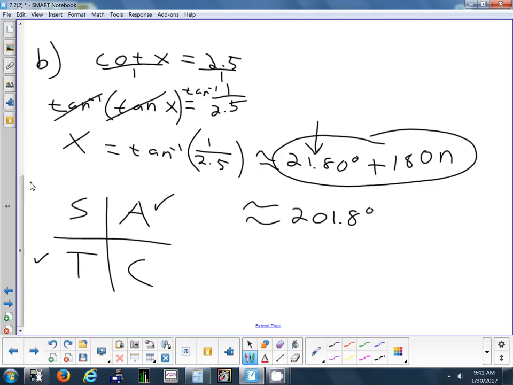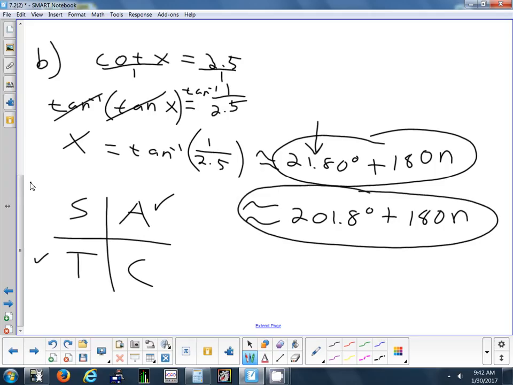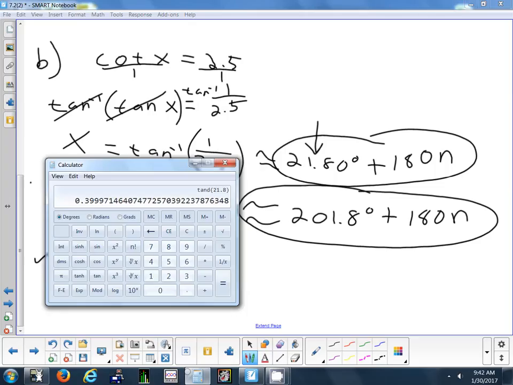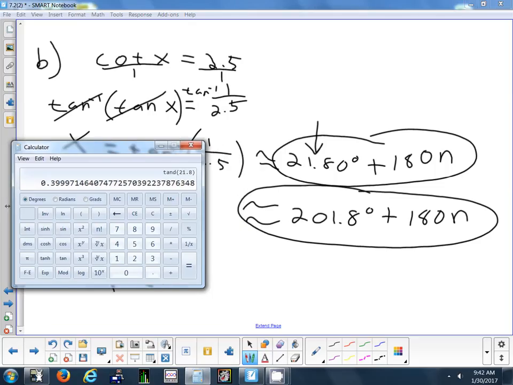Hey, and let's see. How often is that answer going to repeat? Yeah, it's going to repeat every 180. And does anybody notice anything about those two answers? Well, let's let n be 1 in this first one. What's 180 times 1? 180. What's 180 plus 21.8?